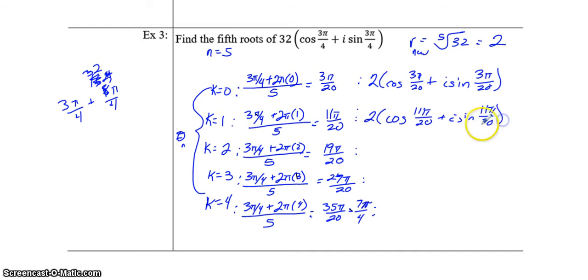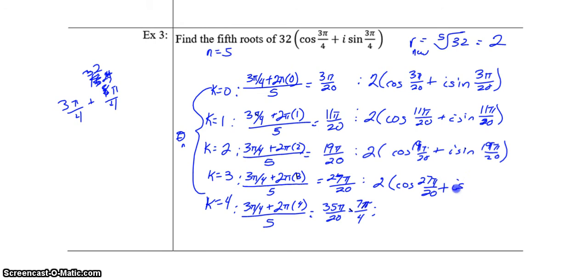Oops, not 11, we're at 19 now. 19 pi over 20. 2 cosine 27 pi over 20. And then this here.